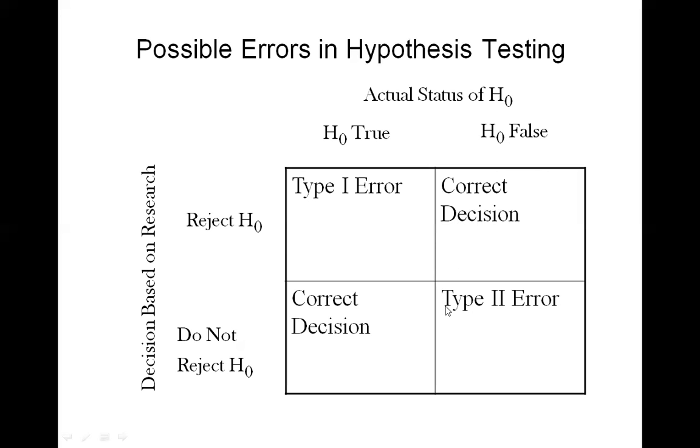But when the null hypothesis is false, and you do not reject the null hypothesis, that would be an error. That would be a type 2 error. Remember what's type 1, what's type 2. A type 2 error is when the null hypothesis is no good, it's false, but you decide not to reject it. You don't reject the null hypothesis. That would be a type 2 error.